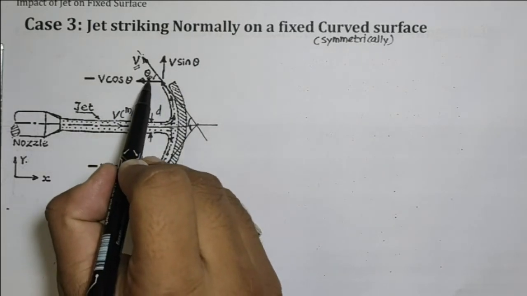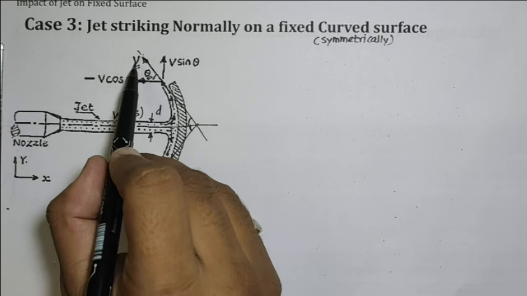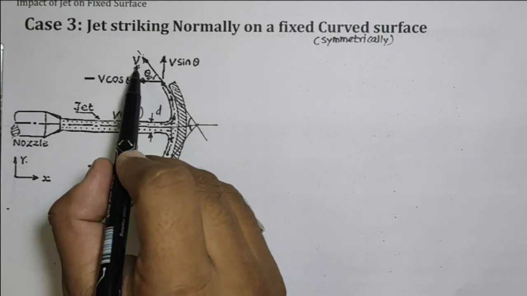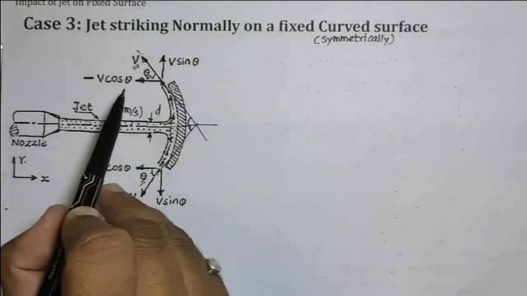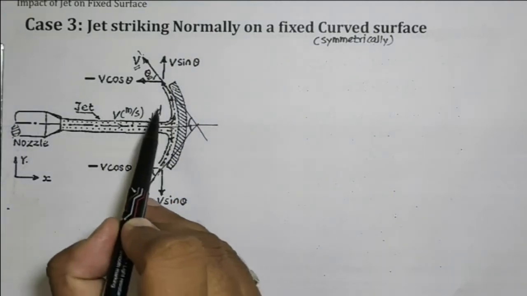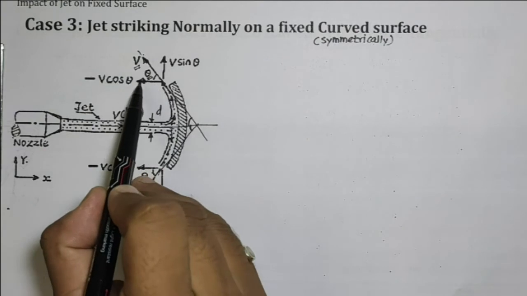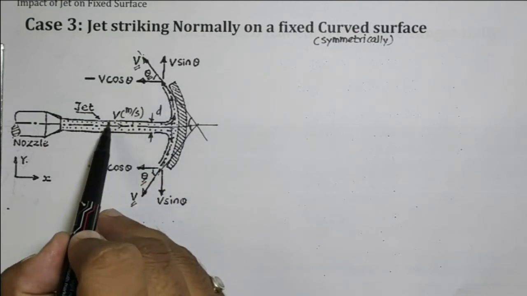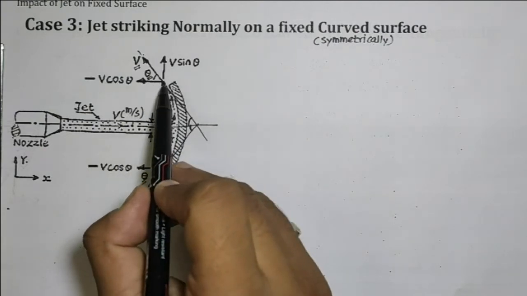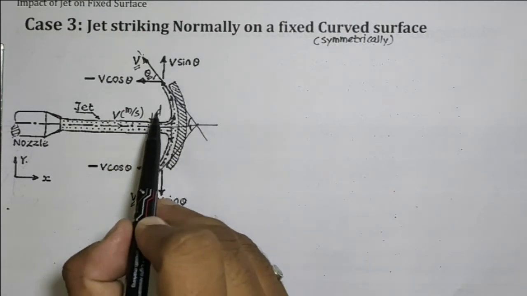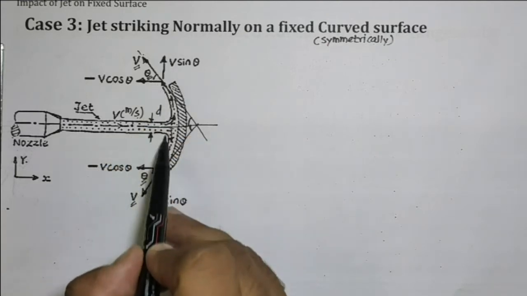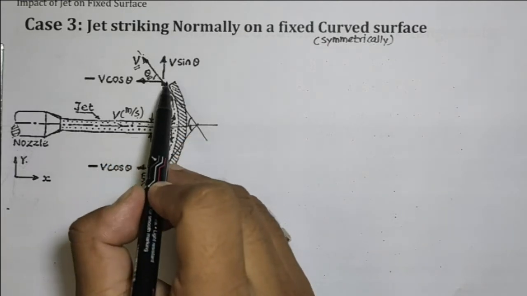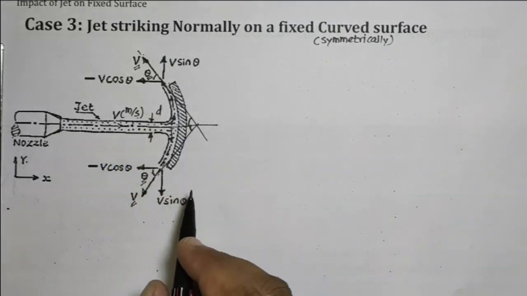Because of this angle theta, this velocity v, which is a vector quantity, can be resolved into two components. One is along the direction of the jet, and another is perpendicular to the direction of the jet.